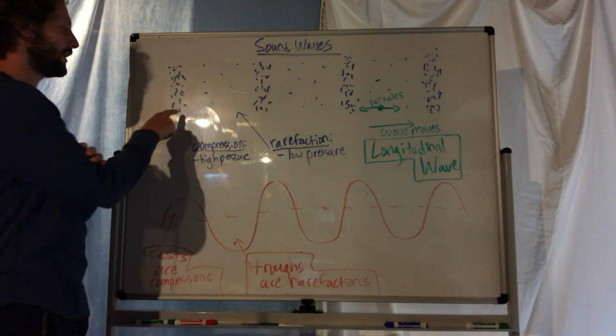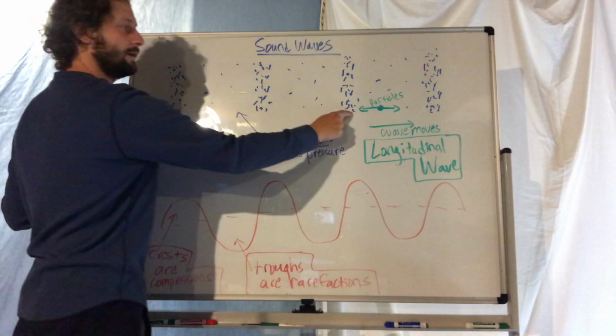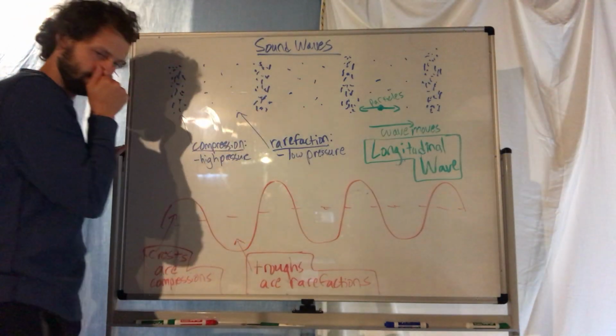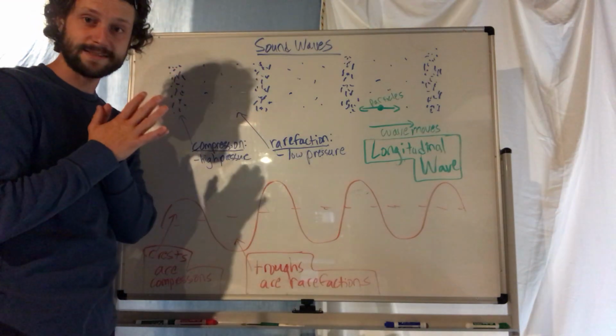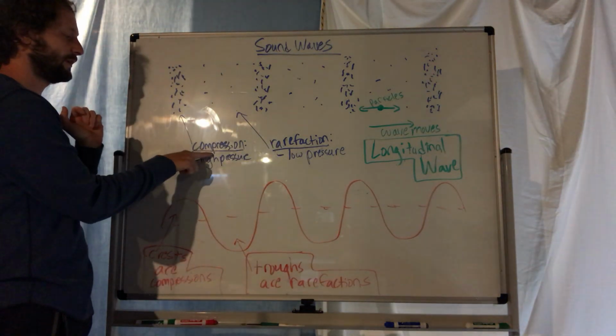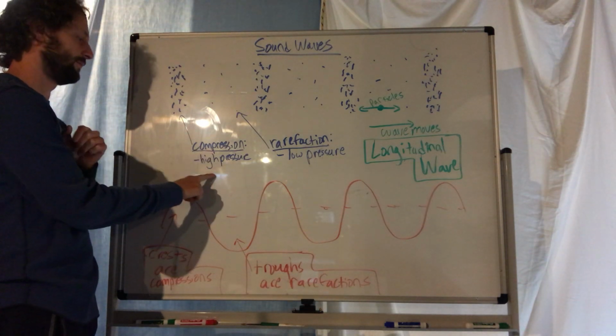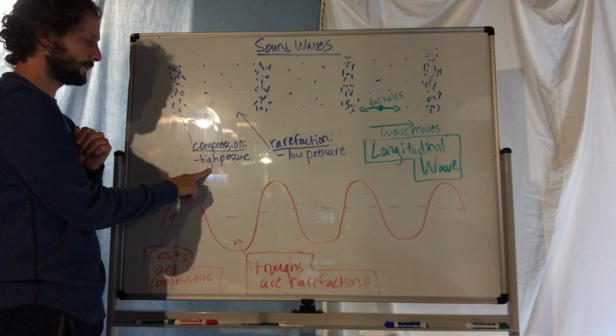And we can see there are areas where, over here, here, here, and here, those molecules are packed close together. They're compressed, pushed together. So we call those areas compressions. Write that down. It is a high pressure area.